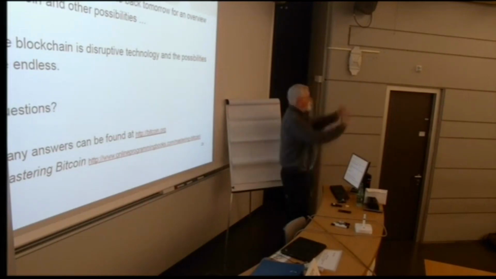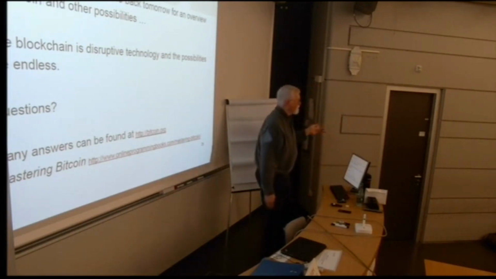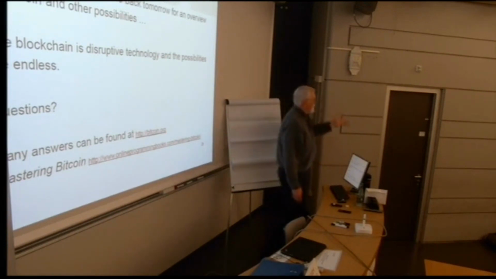And so that creates 25 bitcoins. Now, right now, there are about 21 million bitcoins that have been mined. The maximum is 42 million. So every few years, the number of bitcoins that you get is cut in half.